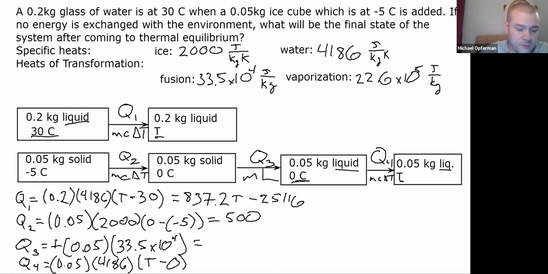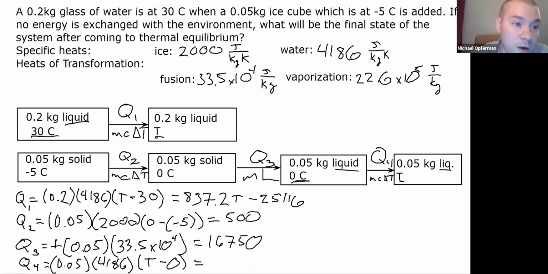Q3 is 0.05 times 33.5 times 10 to the 4 is 16,750. By the way, just as a side note, notice heating the ice cube up by 5 degrees only took 500 joules. Melting it took 16,750 joules.